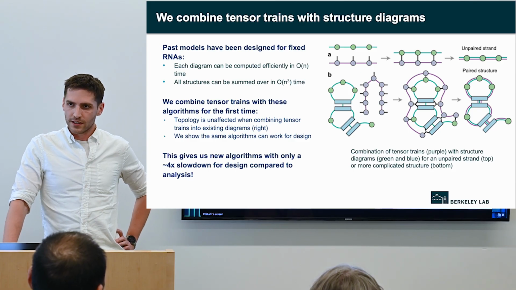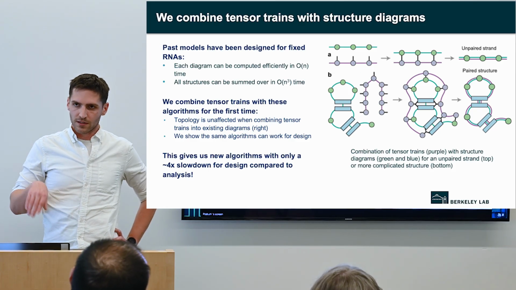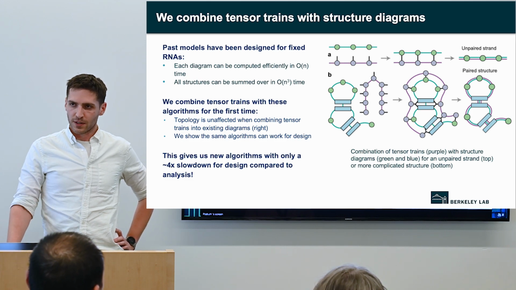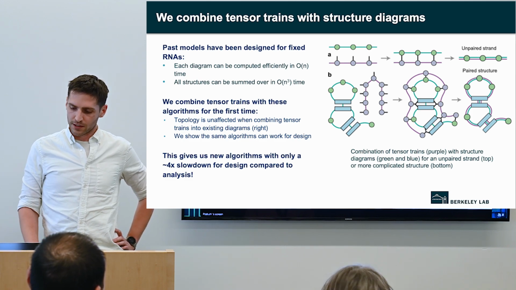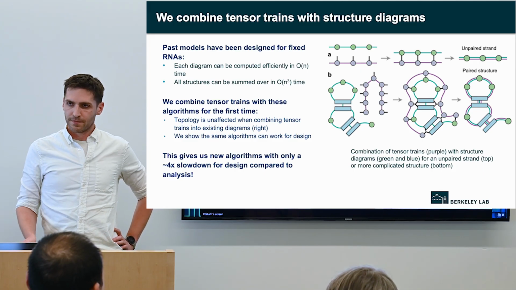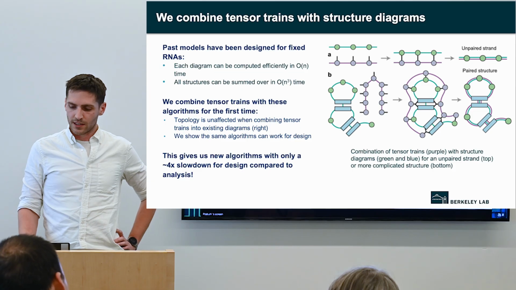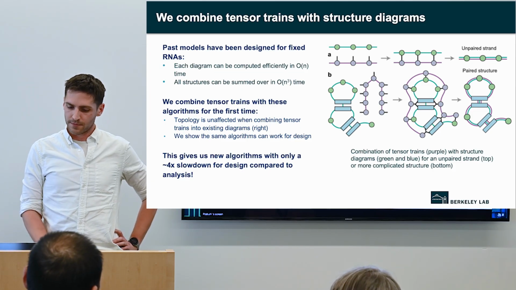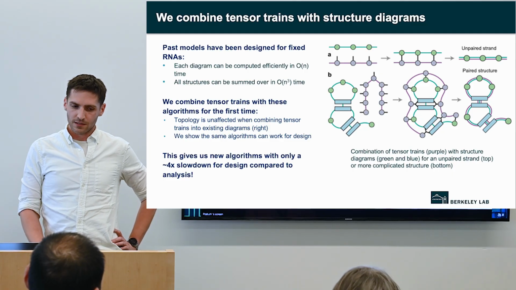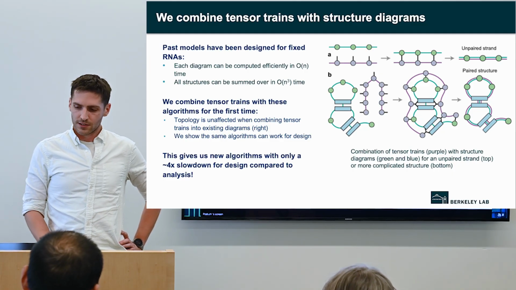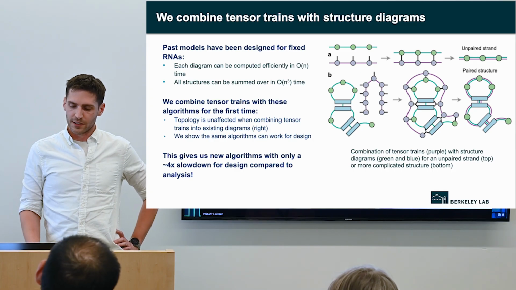If we contract these together, we can lay out the tensor train along the backbone of the RNA strand, and then combine all of these degrees of freedom by recontracting them, such that we get a diagram like the ones on the right. And these naturally exhibit the same topology that we started with in terms of the original secondary structure diagrams. What all of this means is that we can use almost precisely the same algorithms for a fixed RNA sequence as we can for a variable RNA sequence.